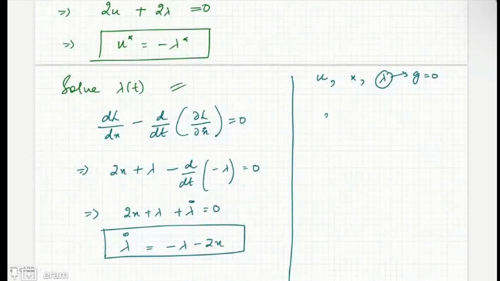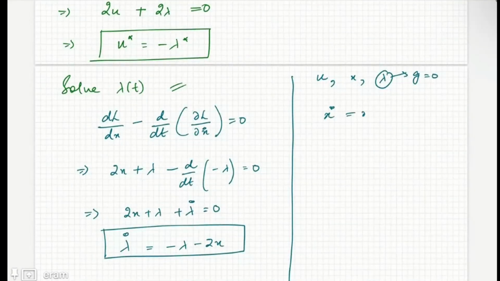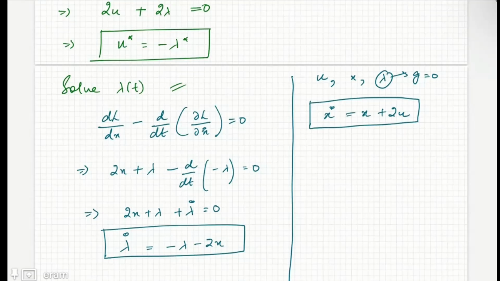So the other equation is nothing but our constraint, x dot equals x plus 2u, that is our system equation. So now we have three equations. We have the equation of u, which is minus lambda, we have the evolution of lambda, and the constraint as the system dynamical equation.